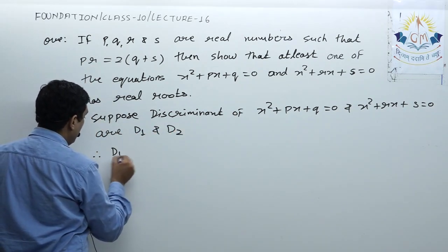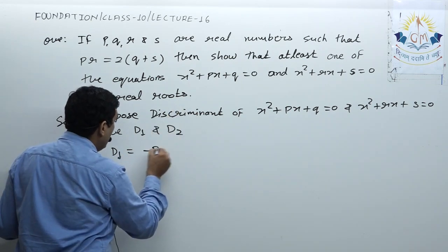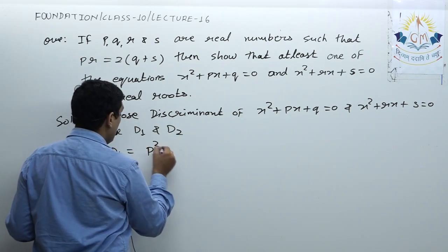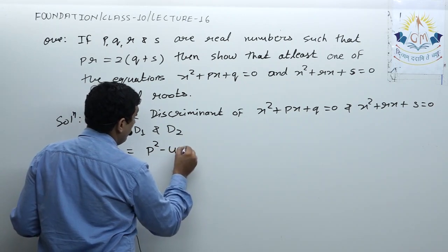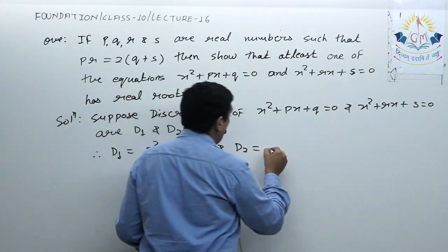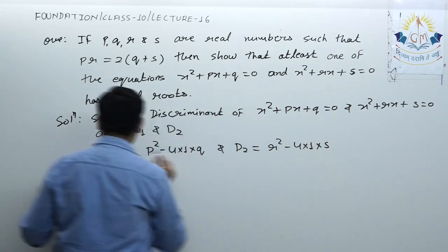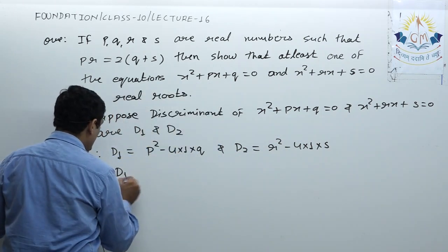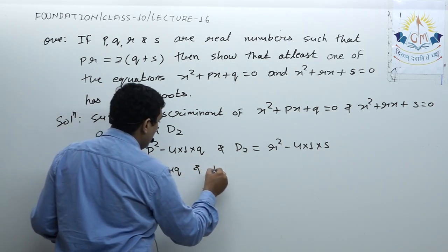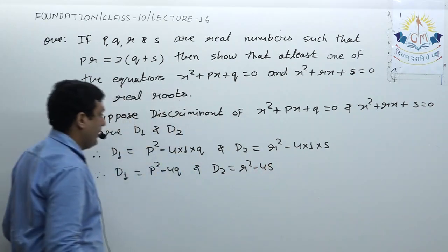Therefore d1 is equal to b square minus 4ac, that is p square minus 4q, and d2 is equal to r square minus 4 into 1 into s, that is r square minus 4s.